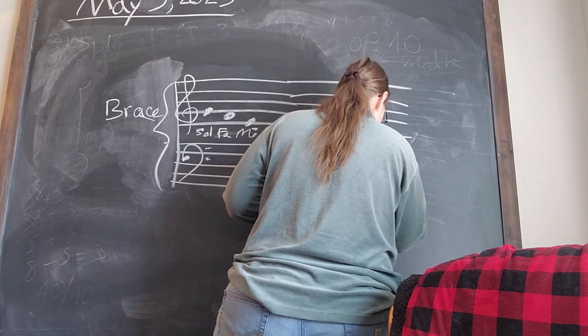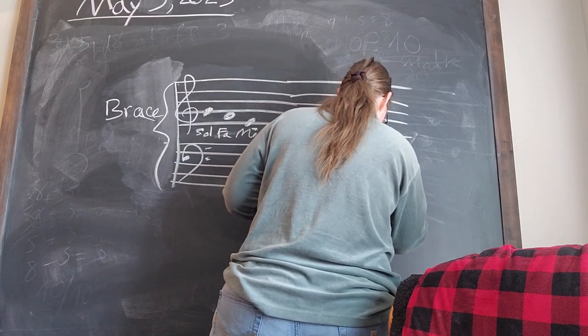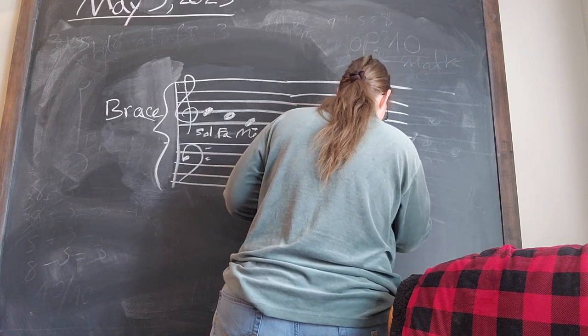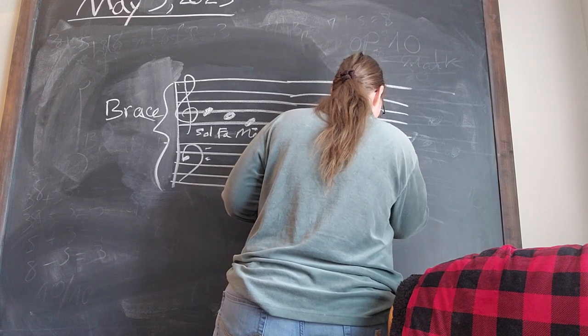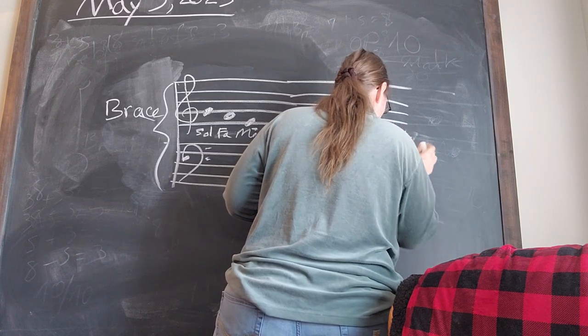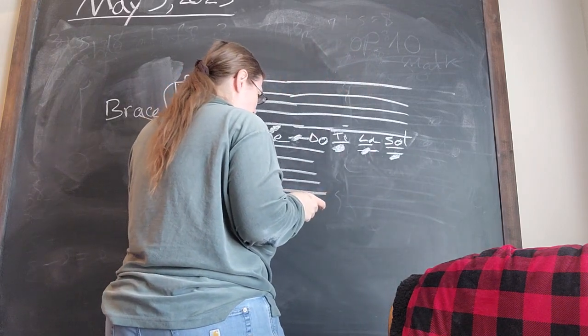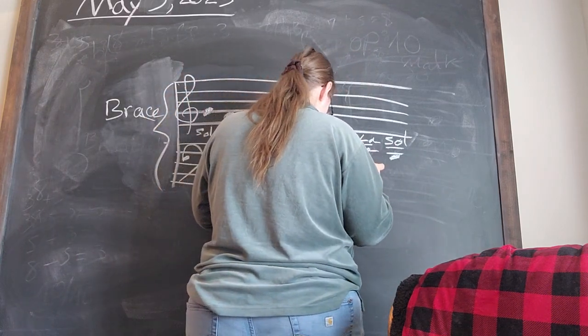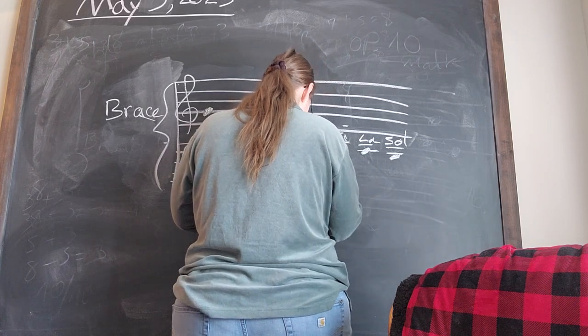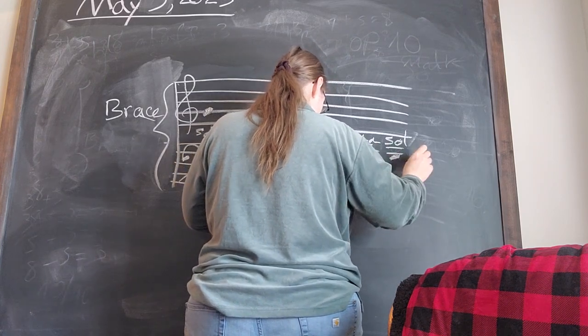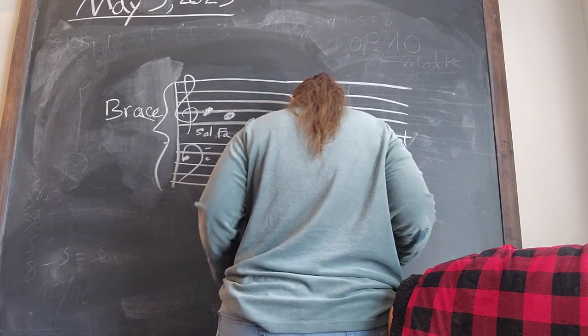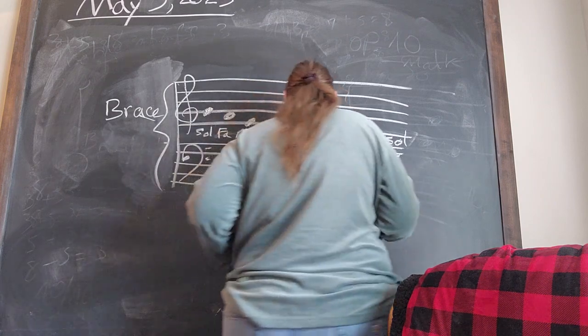If we want to continue down, we have what is called Sol, or G. Now, looking at this, if I were to extend this staff out, which, why don't I do that?